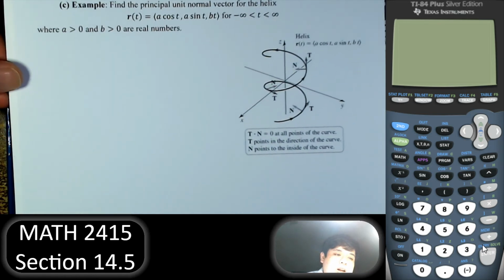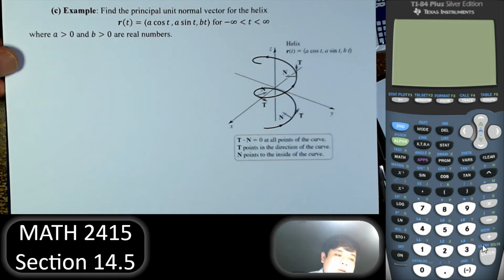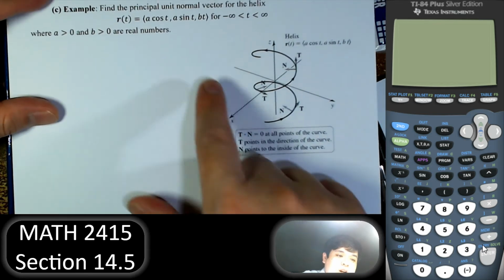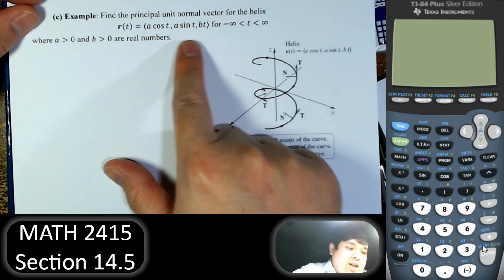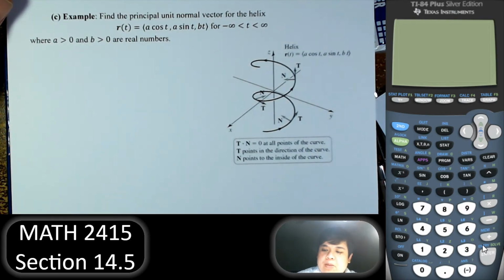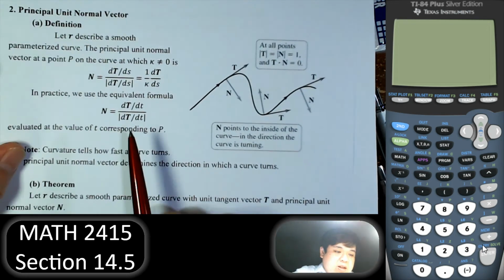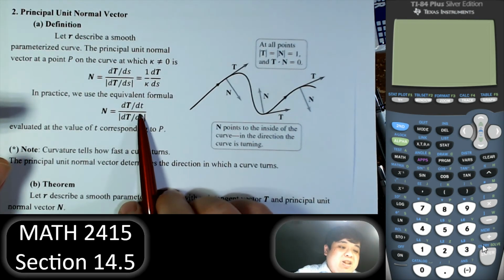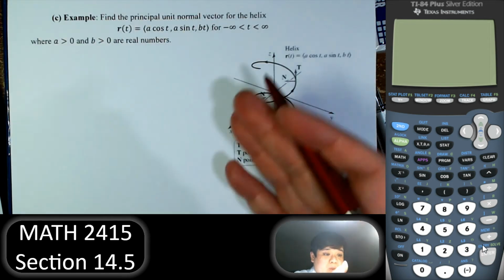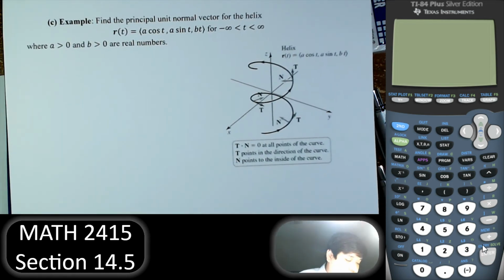Now, find the principal unit normal vector for the helix. So let's go back to the formula. Let's just do this one so we don't have to find the arc length, even though it might not be as bad to do this.